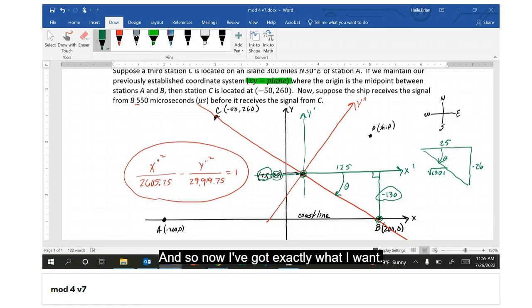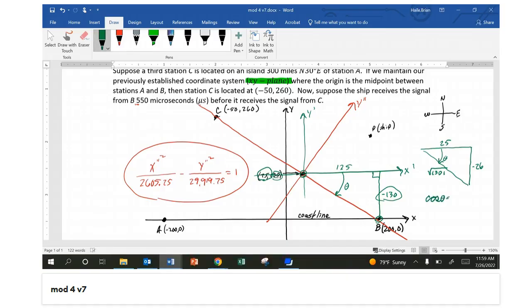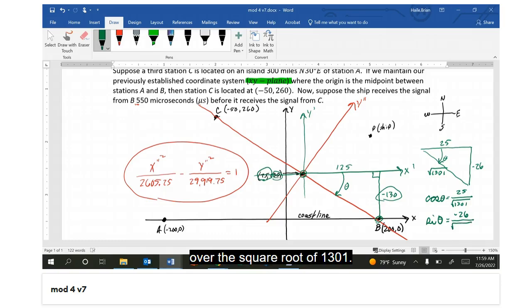Okay, now I've got exactly what I want. Cosine of theta is simply 25 over the square root of 1301, and sine of theta is minus 26 over the square root of 1301.